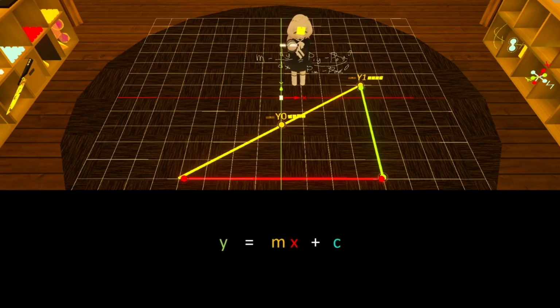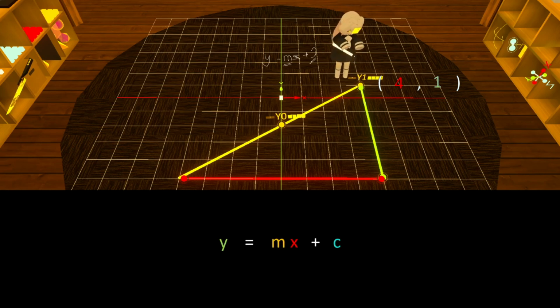So back to this thing. If we take a look at our formula, we know we need to describe y equals mx plus c, and we already know m, but now we have to find what is c. Well, one way we can do that is to pick one point over here. Let's say, for example, 4, 1, right? When this point is on the line, it means that the coordinate of this point fulfills the equation that we want to find.